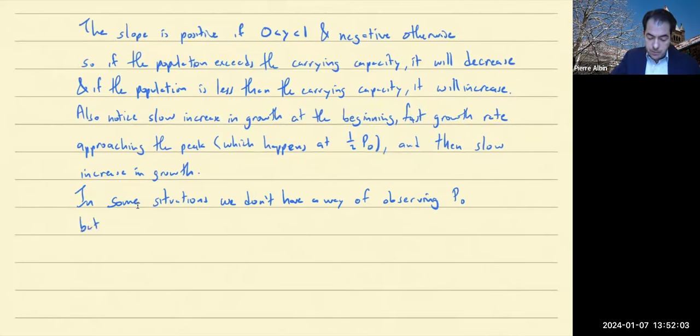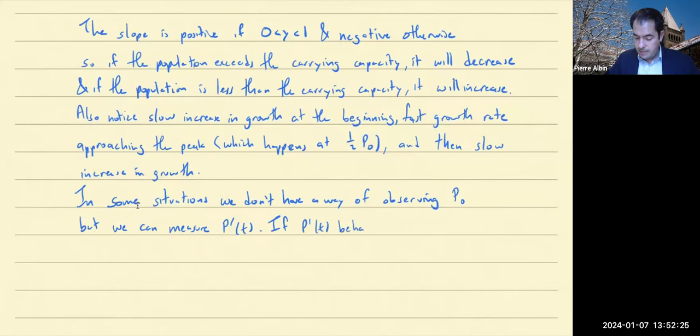But we can measure P prime of t, the change in the population, right? So suppose you're measuring some rate of change of some population. If this function behaves like a concave parabola, right?